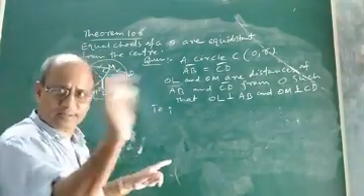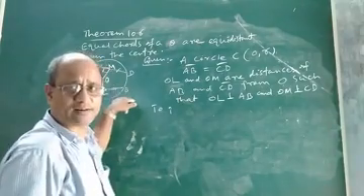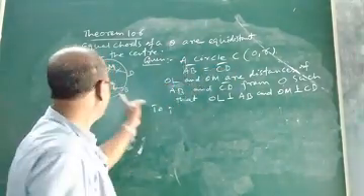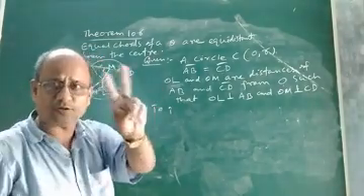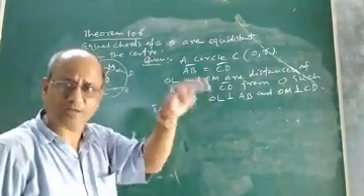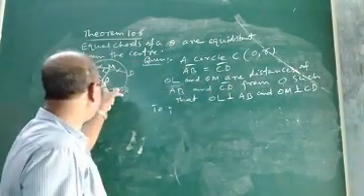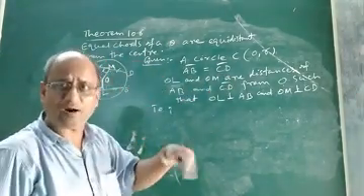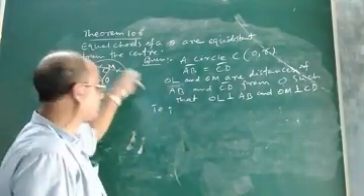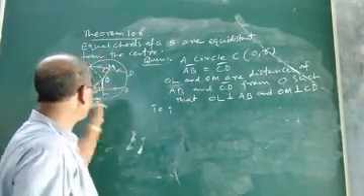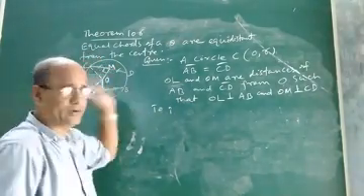Once again, children, you are given a circle C whose center is O and radius is R. You are given two chords AB and CD whose lengths are equal, that is, AB equals CD. OL and OM are the distances of the two chords from the center O, such that OL is perpendicular to AB and OM is perpendicular to CD.